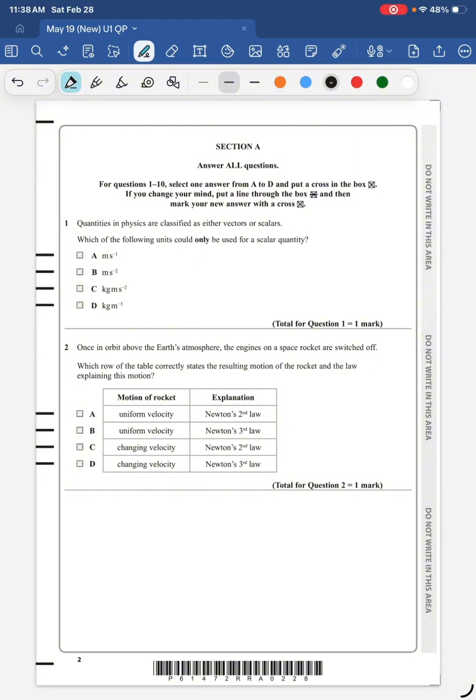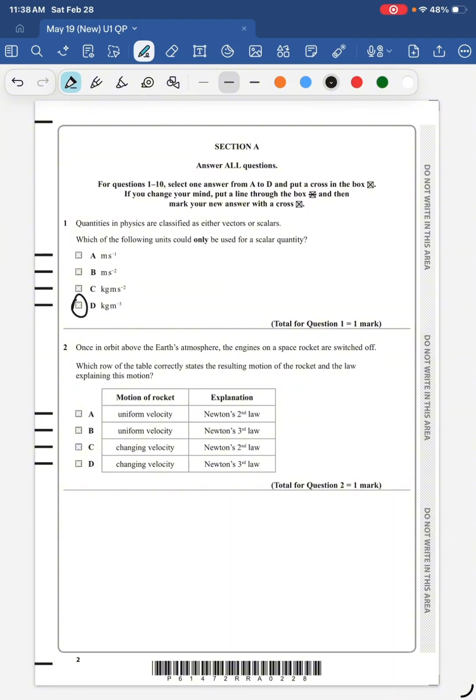Kilograms times meters per second squared, which unit is that, guys? Take a moment to think about it. It's the Newton. The last one is the only remaining one, so you can select it by the process of elimination, but we can immediately recognize that that's density, which is scalar. It doesn't have a direction.